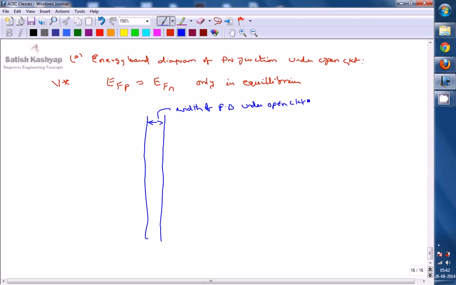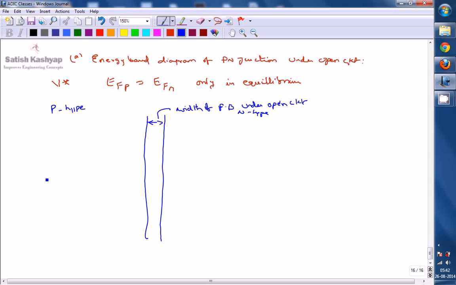and to the left of this is the p-type semiconductor and to the right of this is the n-type semiconductor. And we just stated that the Fermi level on the p side and the Fermi level on the n side are going to be the same.